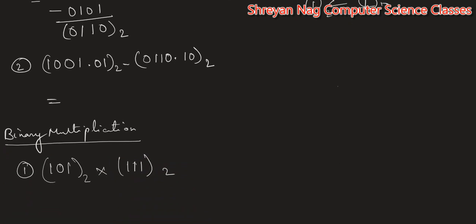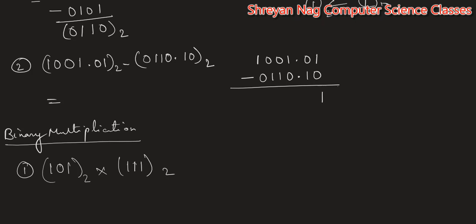Let us look at another problem here. 1 0 0 1 0 1 minus 0 1 1 0 0 1 0. So 1 minus 0 is 1.